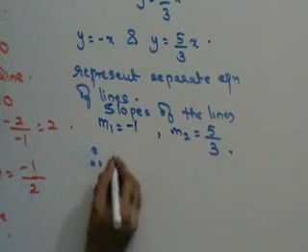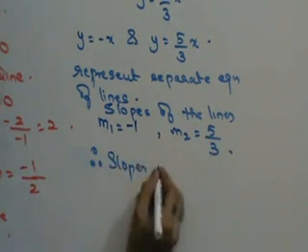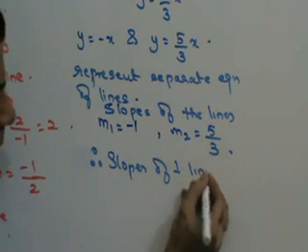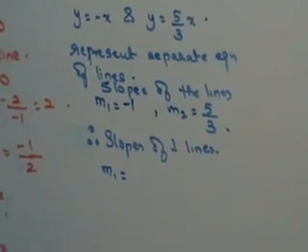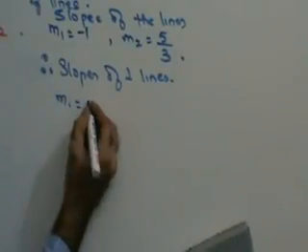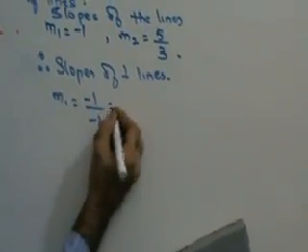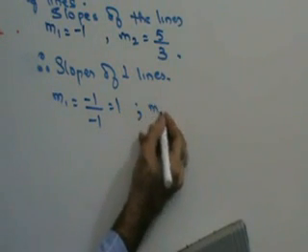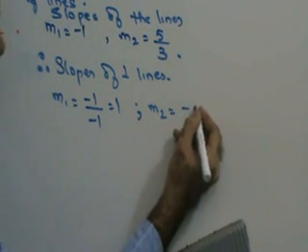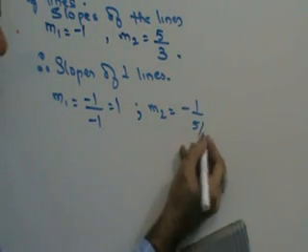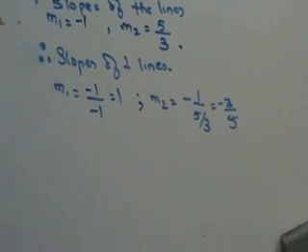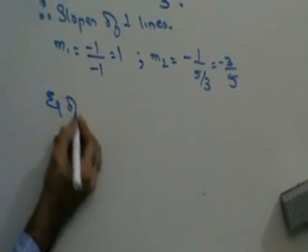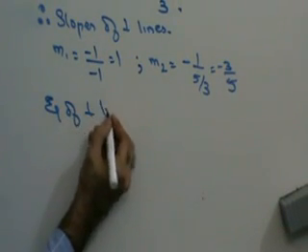Therefore, slopes of perpendicular lines can be given by the formula. Slope of the perpendicular line is negative reciprocal, which is 1. Negative reciprocal of 5 by 3 will be minus 3 by 5. Therefore, I can say equation of perpendicular lines.